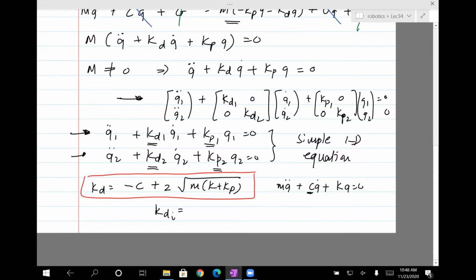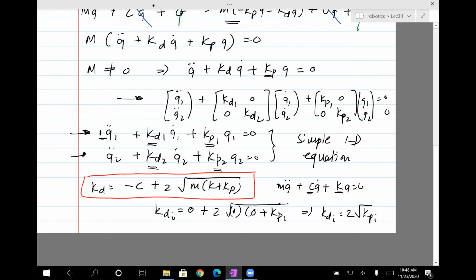It's only the system term, which is 0. There's no constant term. Plus 2 square root m multiplies with q double dot, and you can see that term is simply 1. And then we have k. The k term multiplies with q, but there's no k, there's only KP times k, so that is also 0, plus KPi. In other words, we have KDi equals 2 square root KPi.